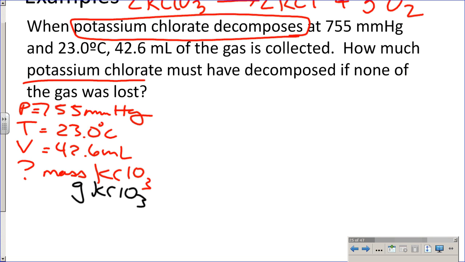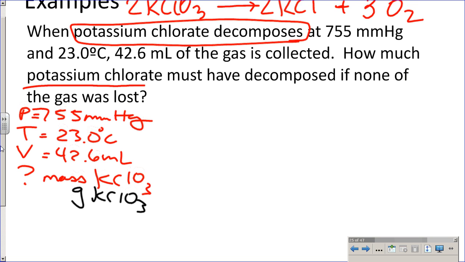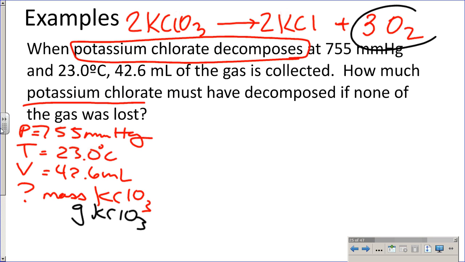So the moles you get there aren't coming from your gas law itself. But do I know the relationship between the gas and potassium chlorate? Yeah, I know it's a 3-to-2 ratio. So I'm going to get these moles from these moles.